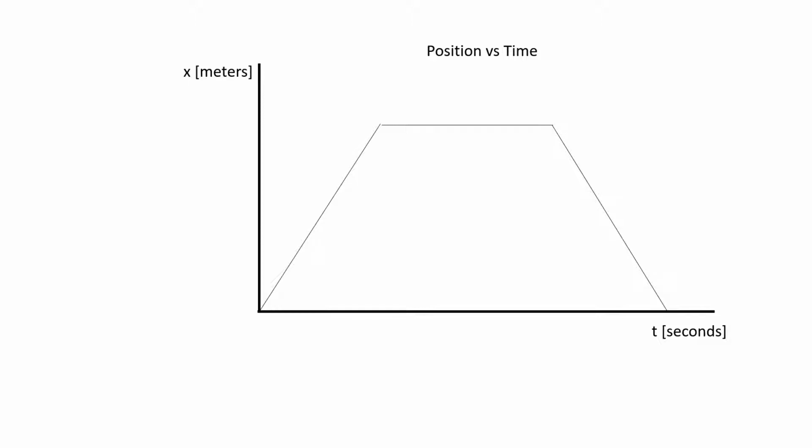So I would expect the slope to be shallower. It's not covering much distance in the same amount of time. If it goes a little faster, covering a lot of distance in the same amount of time, the line is going to be sharper, more steep. Okay, enough of that.